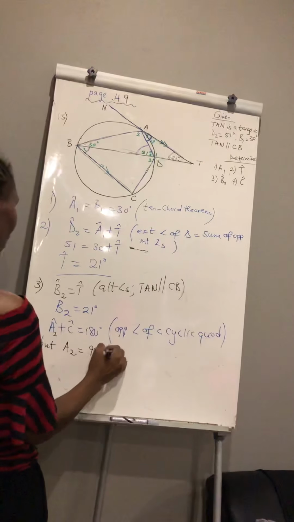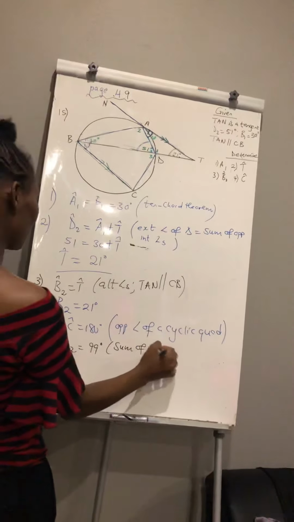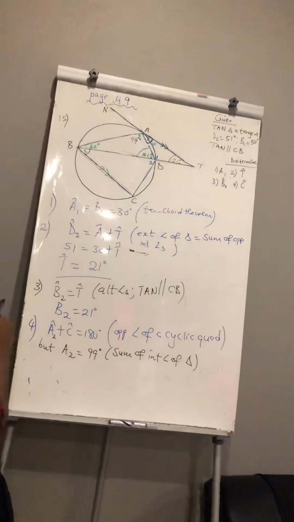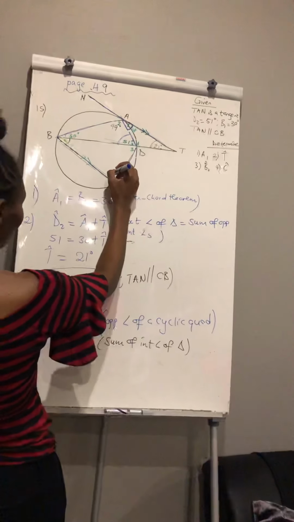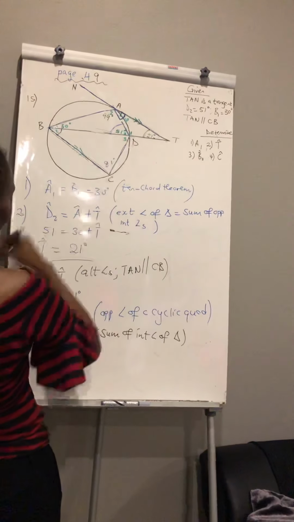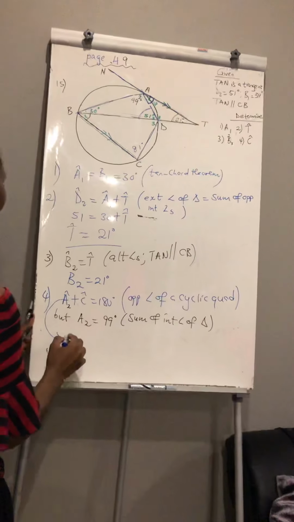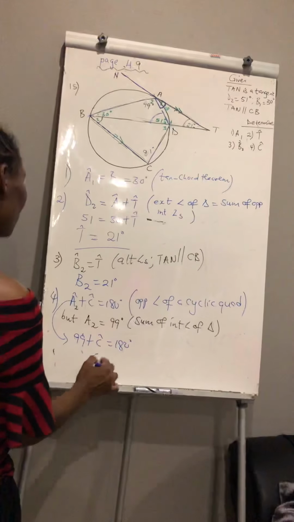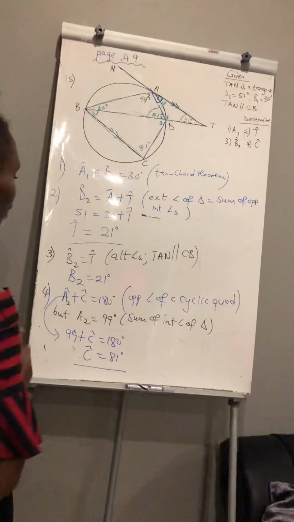So A2 should be 99 degrees, sum of interior angles of a triangle. So if this is 99, definitely this one should be the remaining part of everything. It should be 81, I believe. Yeah. So C then, from here, you may have to say 99 plus C is equal to 180, meaning C itself is 81 degrees. That should be easy.